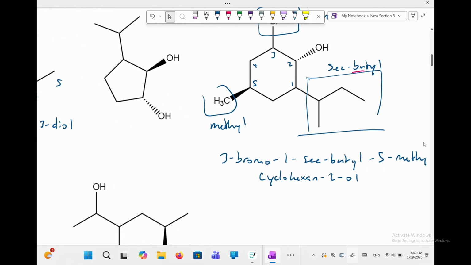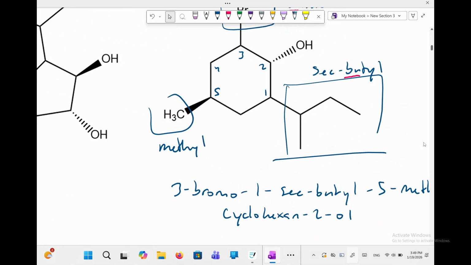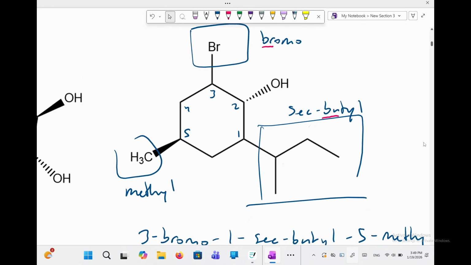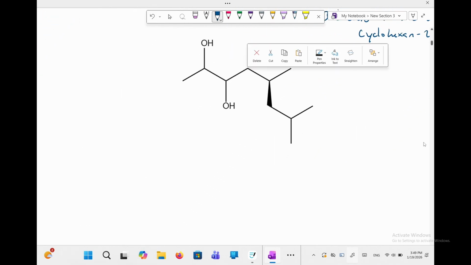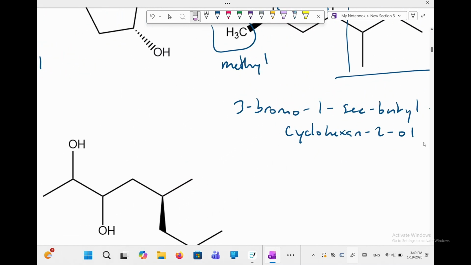If we want to be more specific and include the stereochemistry, we also just figure out each of the stereocenters here. So this is going to be 1, 2, 3. This is actually S, but it's R. So this is 2R.